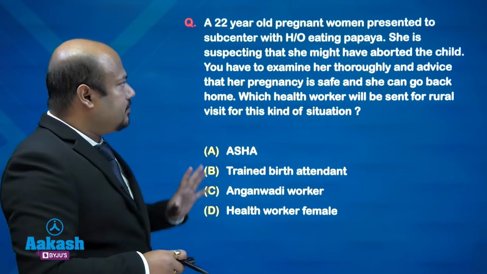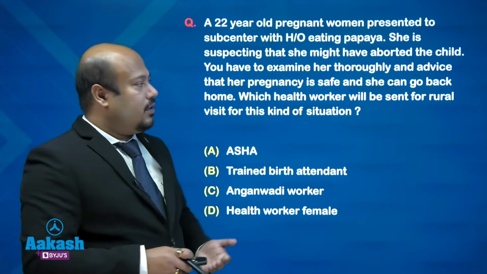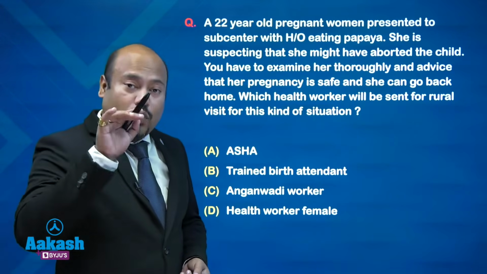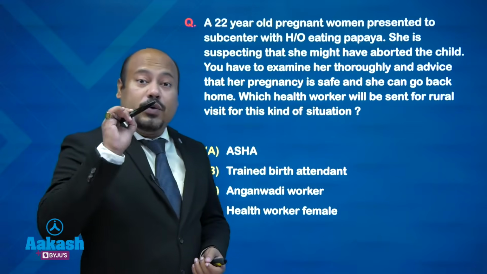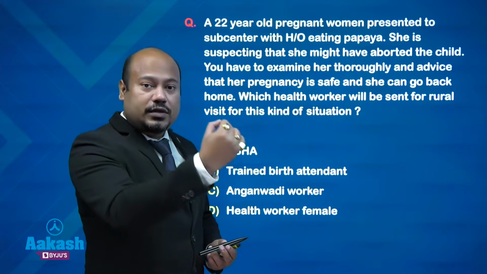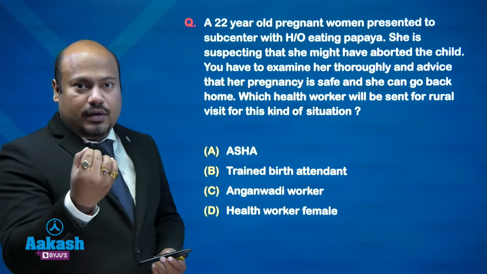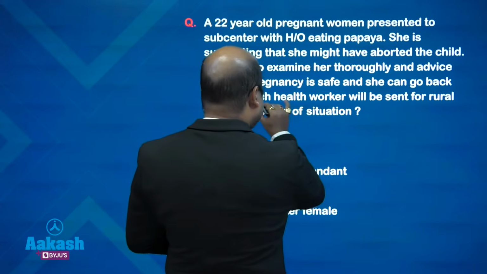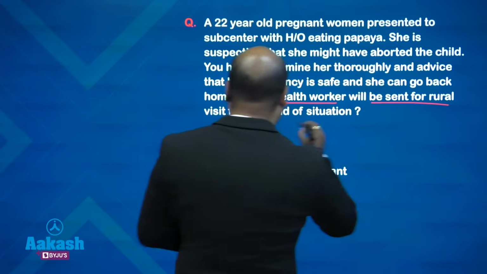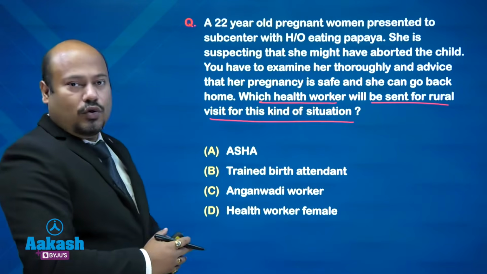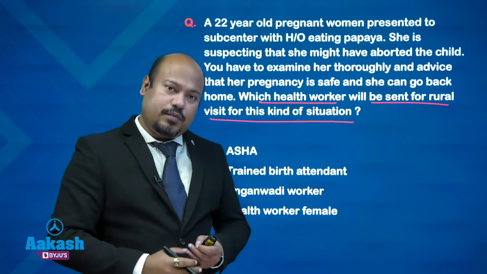It is a bit of an informative question, but the most important thing to know is nutritional education. Who gives nutritional education to a pregnant woman? That is the crux of this question.